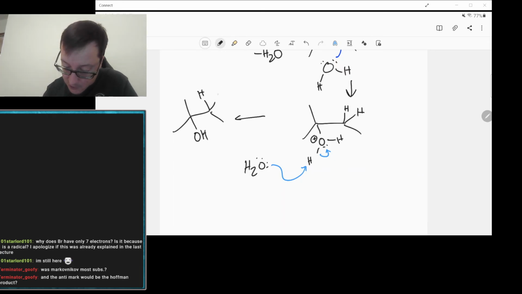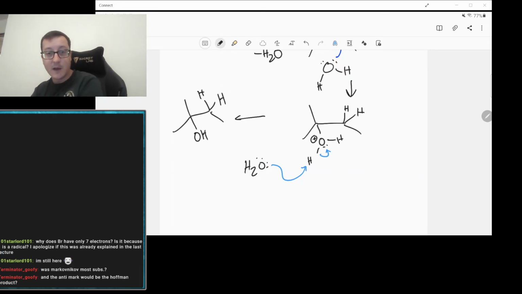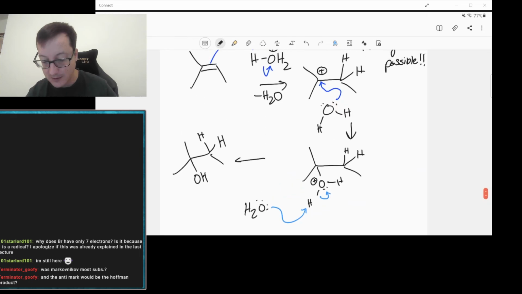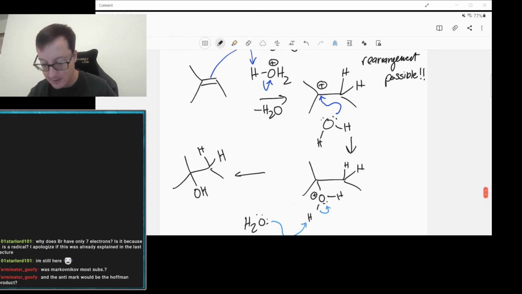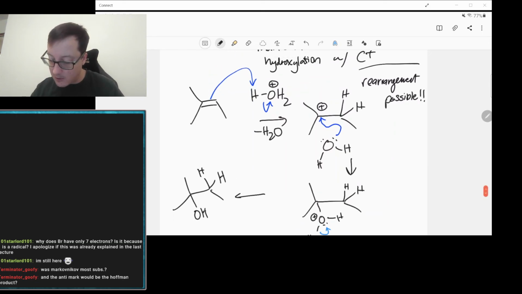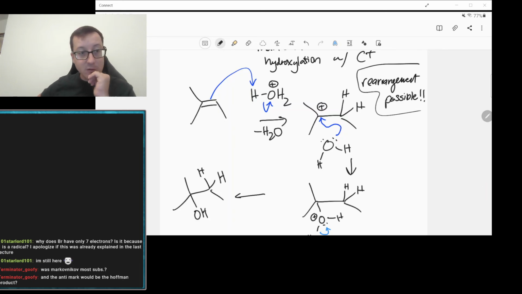The rich get richer. The one that had the hydrogen gets more hydrogen. We are adding the OH to the more substituted side. We are adding the H to the less substituted side. So we end up with a Markovnikov hydroxylation here, right, with a carbocation intermediate, which means, again, rearrangements are possible. So be aware of that.